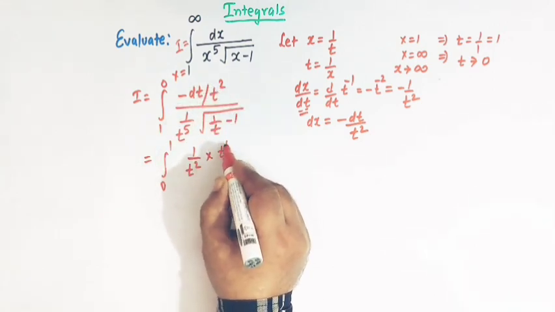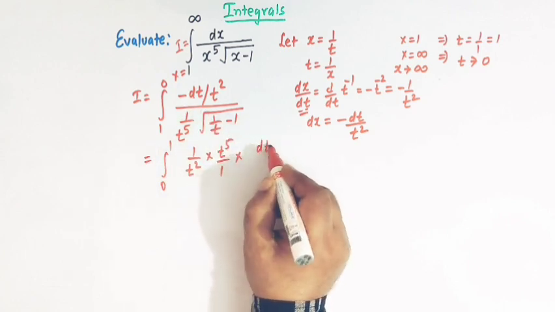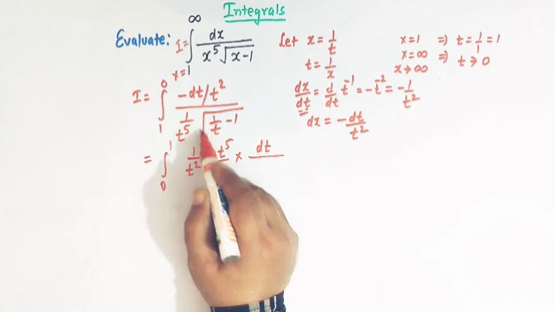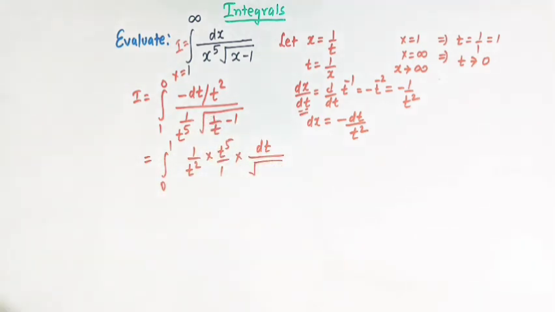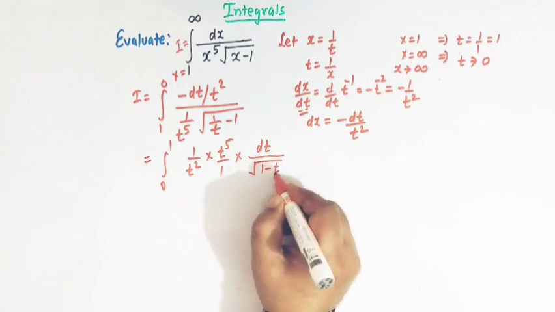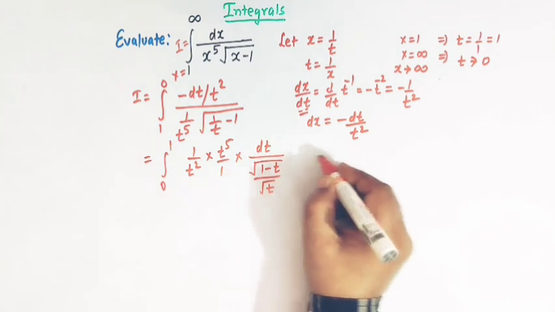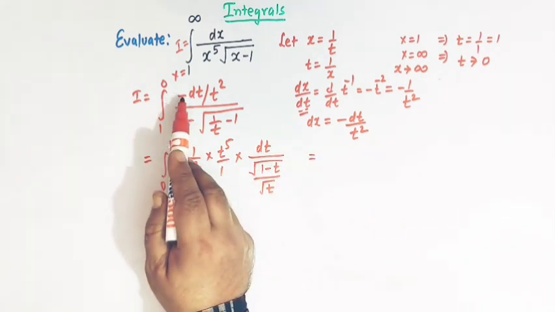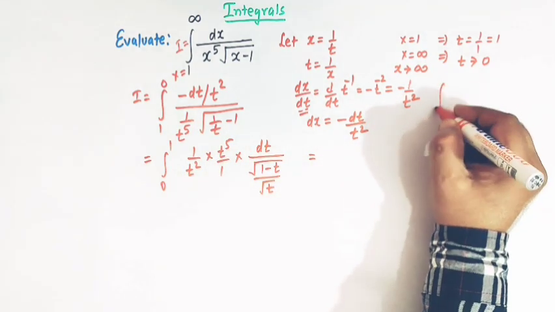We have t raised to 5 over 1, and here we have dt, and then we have square root of 1 over t minus 1, which can be written as square root of 1 minus t over square root of t.